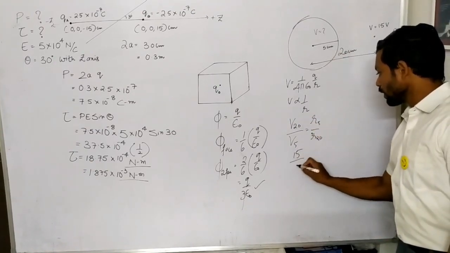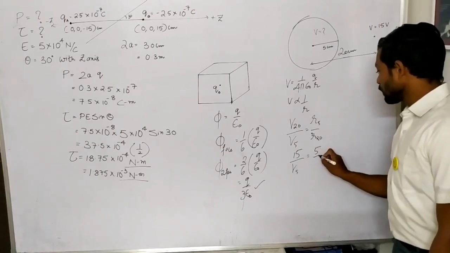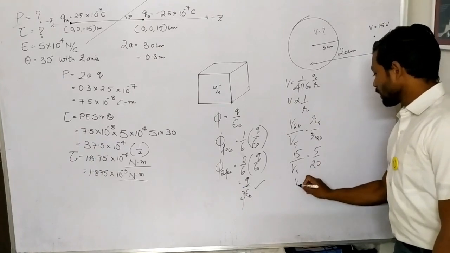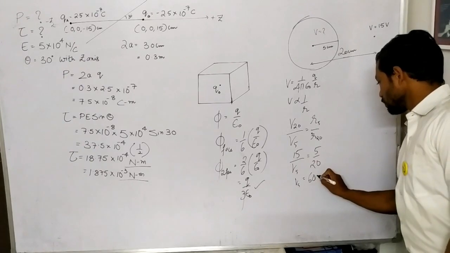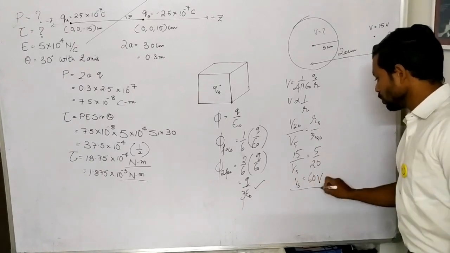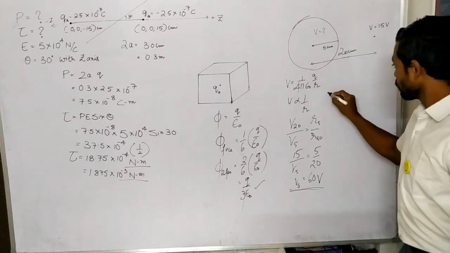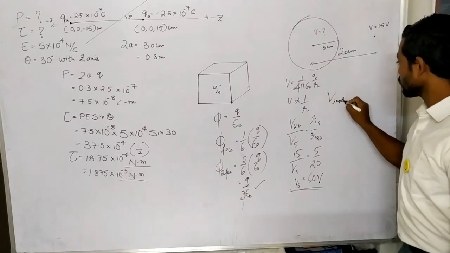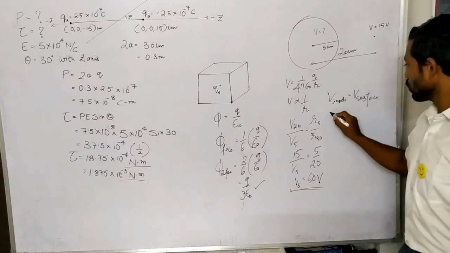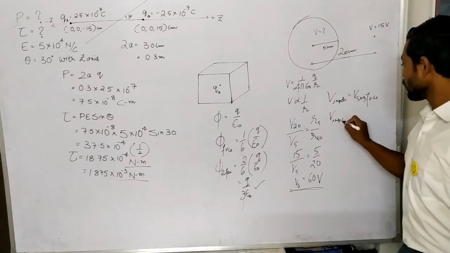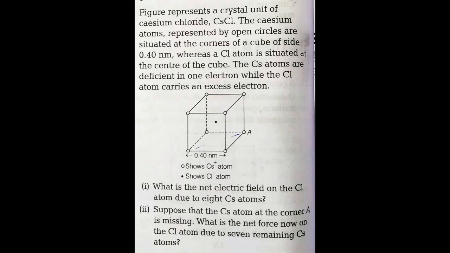So 15 by potential on the surface is equal to 5 by 20. So we are getting around 60 volts. So the potential inside the sphere is equal to the potential on the surface. So the potential inside is equal to 60 volts. 60 volts is the answer.